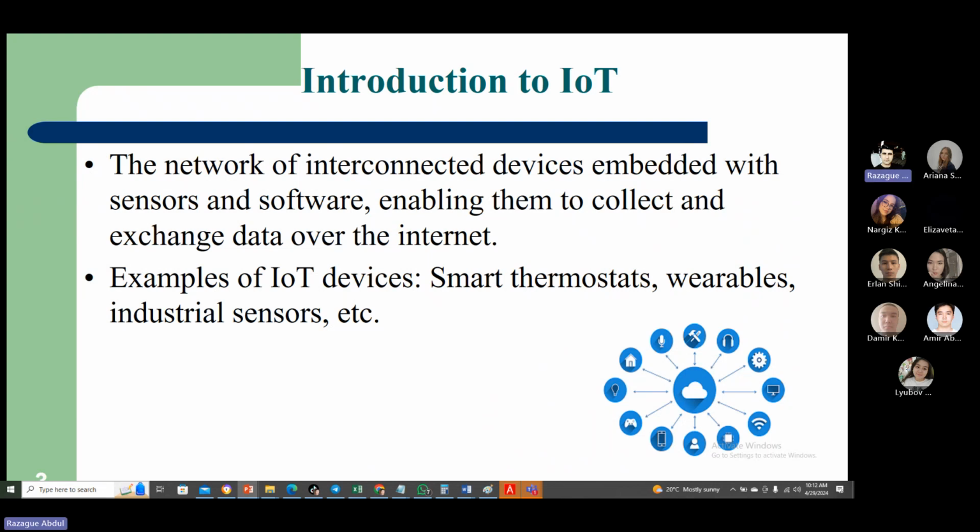And also we have smart city infrastructure such as traffic lights, surveillance cameras, and waste management systems. These are very important examples of IoT devices.